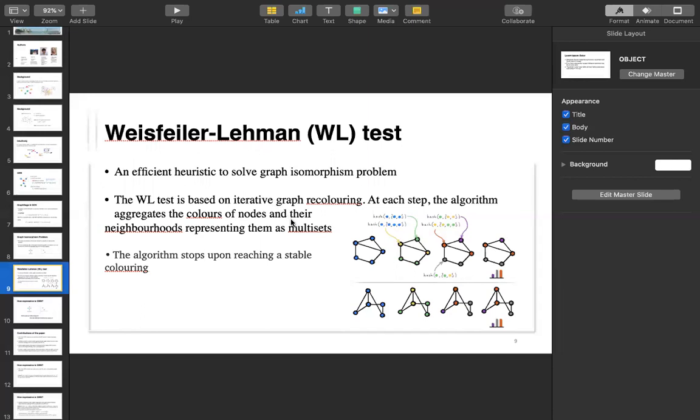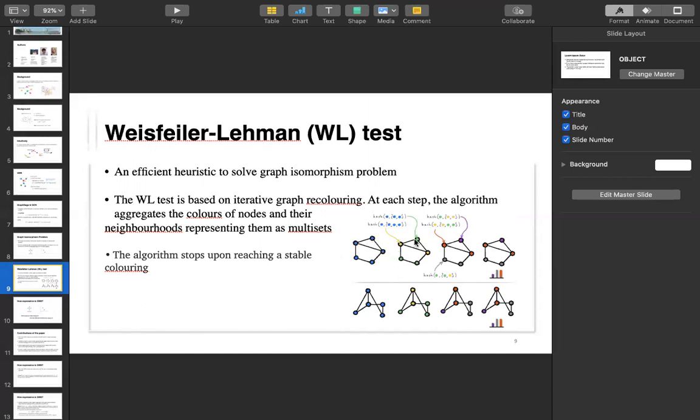And you can see here in the graph, the first column is an example of the graph structure, and initially we color all the nodes with blue color.